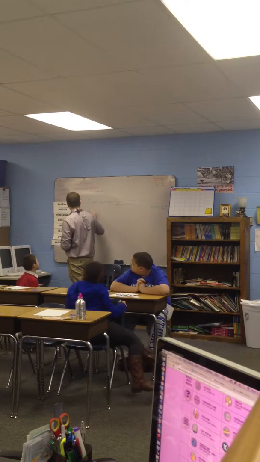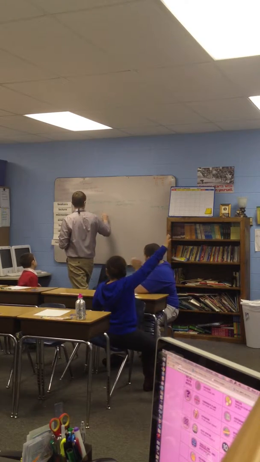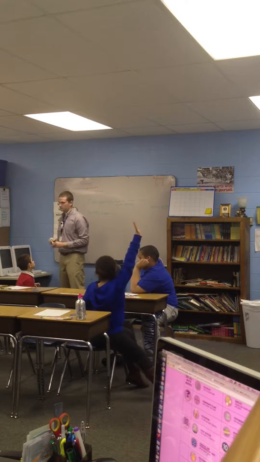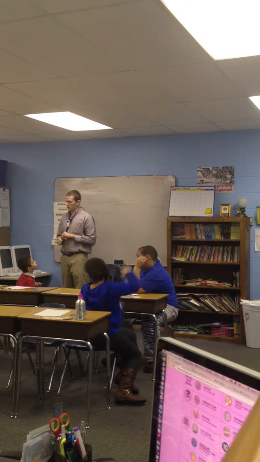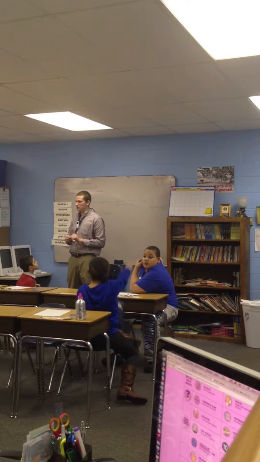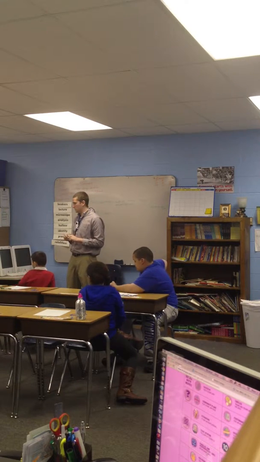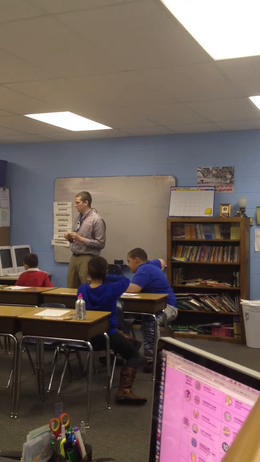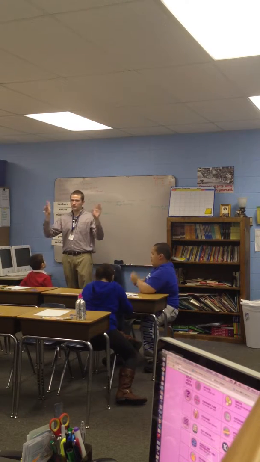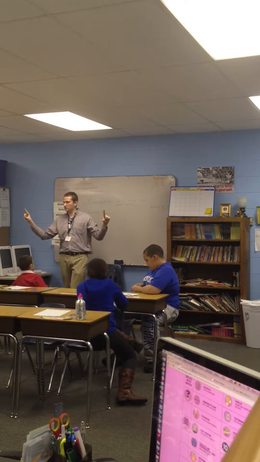Parallel. What are parallel lines? Eldar. Two lines that look the same? Okay. Anything to add to that? They don't intersect. They go forever in two directions, and they never cross.